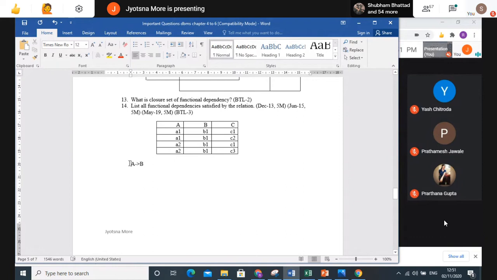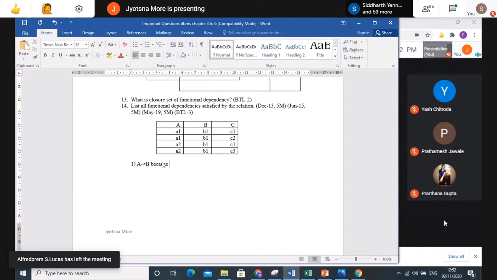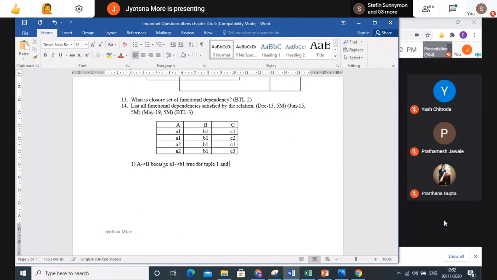What we have written: the non-trivial functional dependencies are, first one, A determines B. Write down properly why you are saying it, because A1 determines B1, true for tuples 1 and 2.